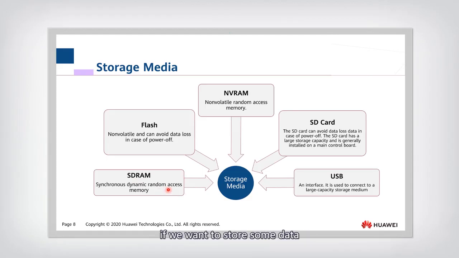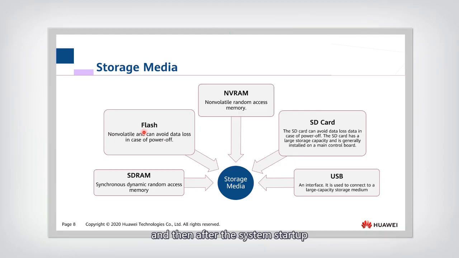If we want to store some data which should not be lost when the power is turned off, we need to use non-volatile storage. The flash and SD card are all non-volatile storage. Typically, the system startup files are stored in the SD card or in the flash.